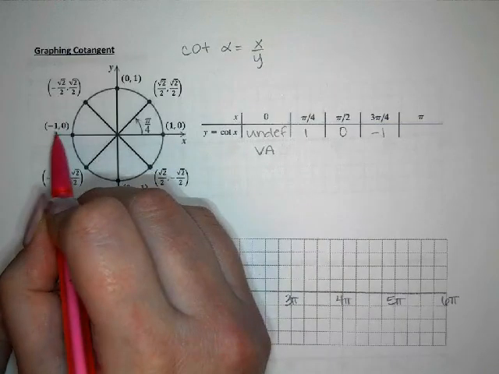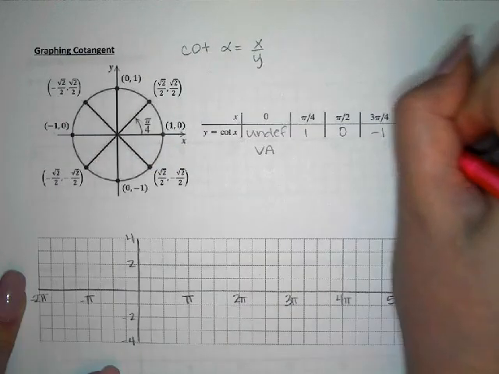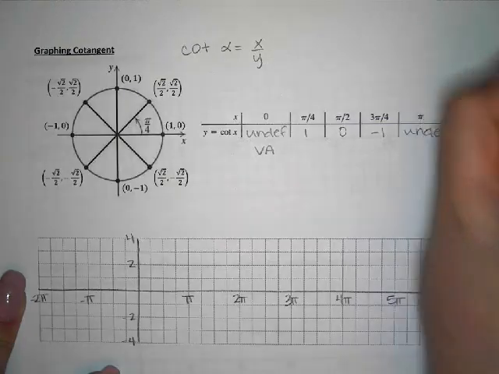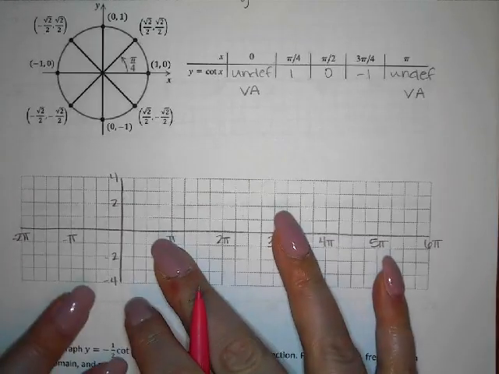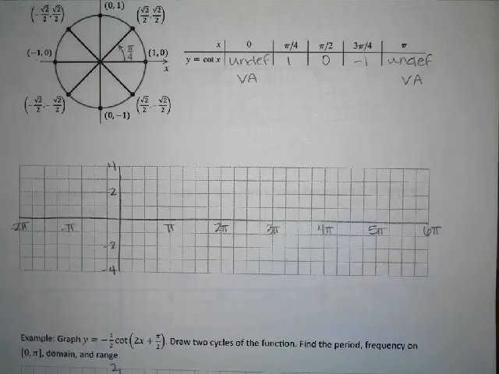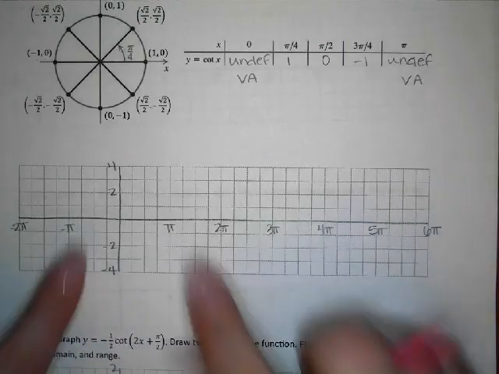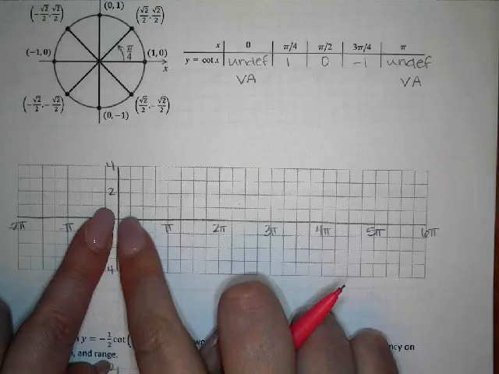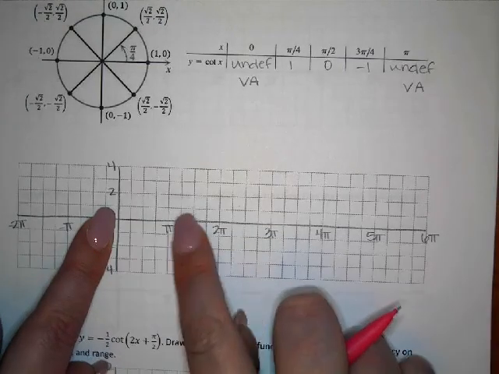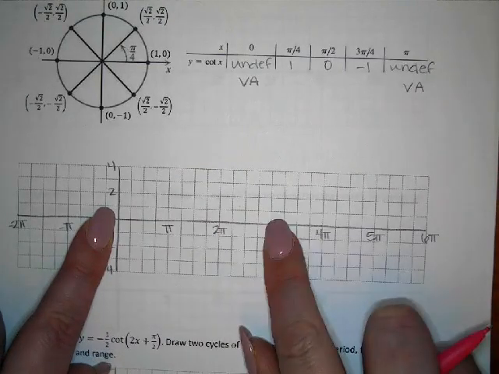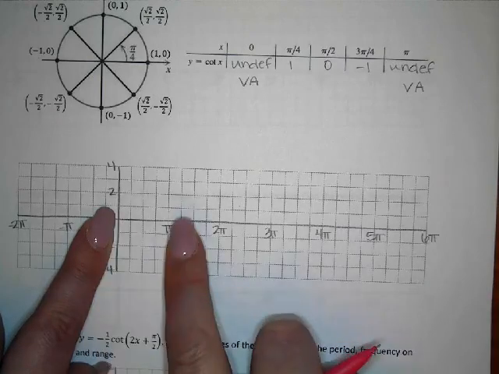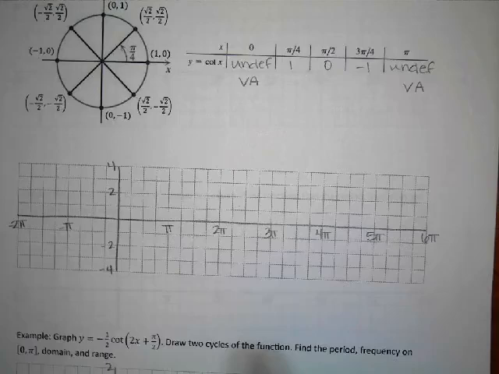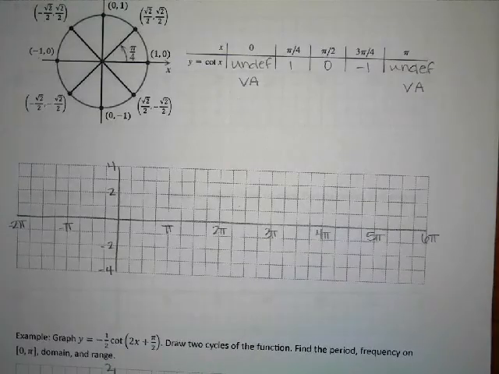So if we're graphing this one, if we want to compare it to tangent, when we looked at tangent, we had our first x-intercept at 0, and then an x-intercept at pi, and then 2 pi and 3 pi. Our x-intercepts ended up being right on the pi's, and then the vertical asymptotes were in between.